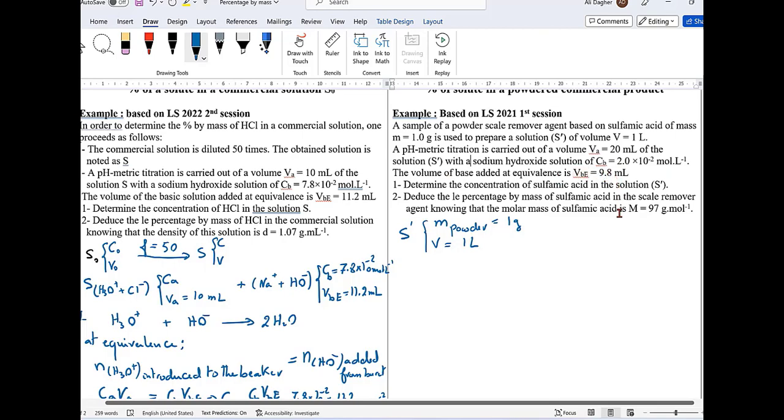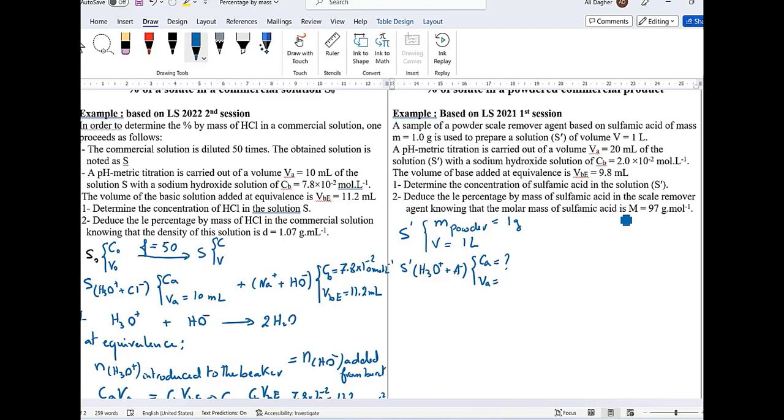Then we take from S prime, whose essential substance is the sulfamic acid. Sulfamic acid is a strong acid, noted HA, dissolved completely in water, giving H3O plus A minus, of concentration Ca to be determined. We take a volume Va equal 20 milliliter.